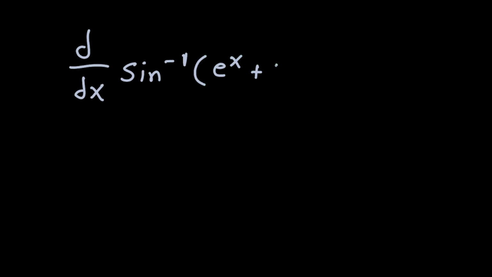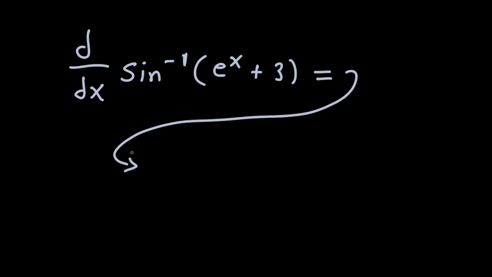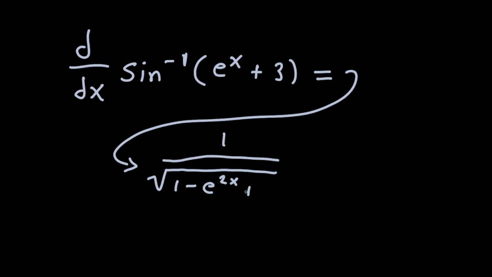Let's do one more example for the general derivatives. d dx of sine inverse of, let's do e to the x plus 3. So when we take the derivative, I'll put it down here, we get 1 over the square root of 1 minus the function squared, and I'll just distribute it out, e to the 2x plus 6 e to the x plus 9, times the derivative.